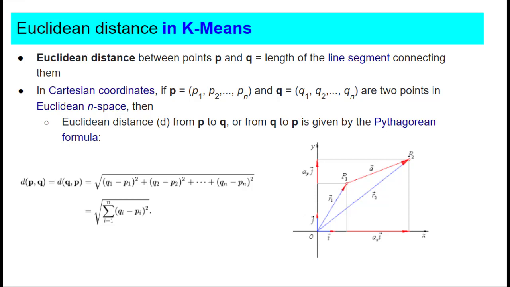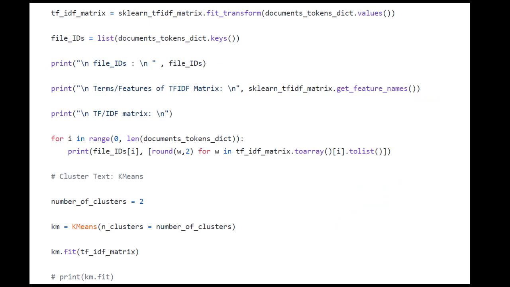The result tells how far apart these two data points are in the semantic space, how far apart those two documents are. So far we came up with the TF-IDF matrix. Now we're ready to do the actual document clustering, using the k-means algorithm.